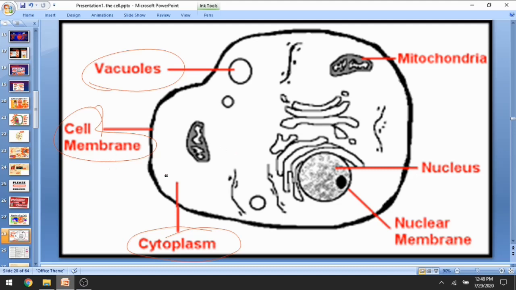Powerhouse of the cell, as I mentioned in my previous video, these are mitochondria. They are present in numbers in the cell cytoplasm, and their main function is to generate energy currency, that is ATP, adenosine triphosphate.